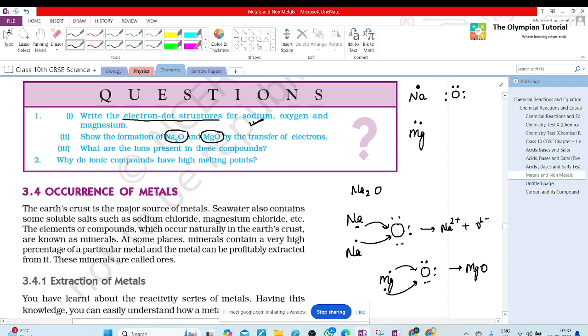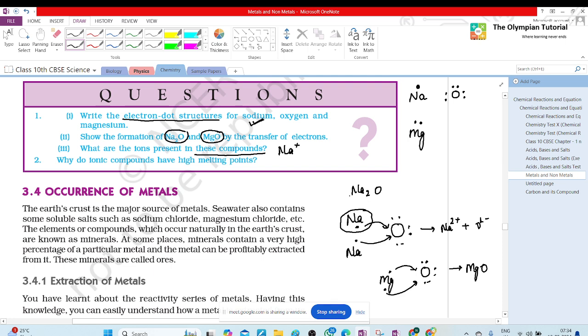What are the ions present in these compounds? Na plus only, not 2 plus. For 1 electron it is Na plus. You can say 2 Na plus ions.